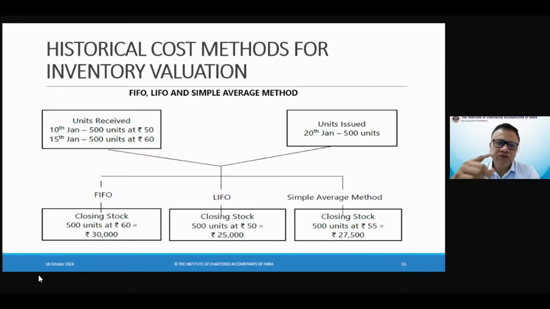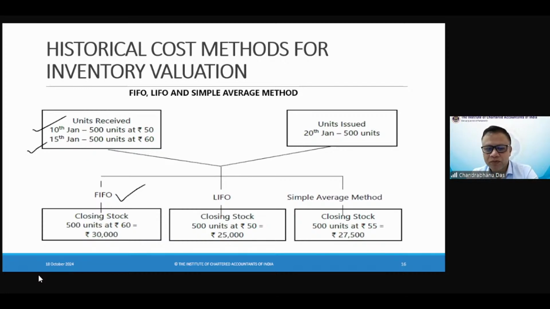Now, if you look at FIFO, you can see here how we are solving it. Units received means purchased on 10th January and on 15th January, 500 units at 50 rupees and 500 units at 60 rupees. But when you issued for sale on 20th January, it is 500 units. So at that time, what happens?